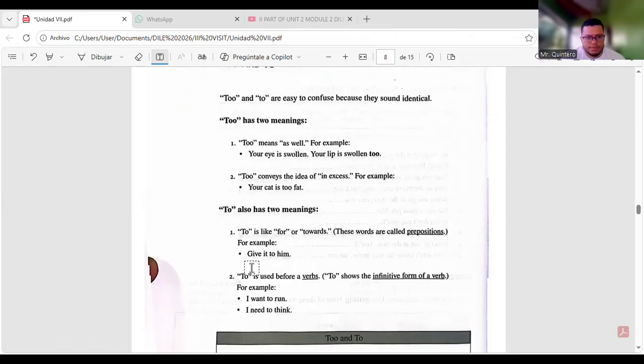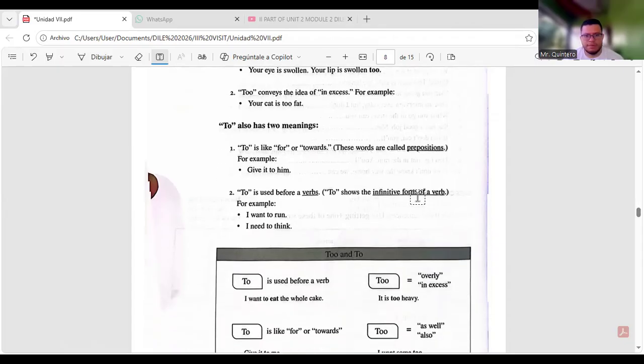Dale esto a él. To is used before a verb to show the infinitive form of a verb. Es la forma infinitiva de un verbo. For example, I want to run. Yo quiero correr. I need to think. Necesito pensar. Entonces, siempre un verbo infinitivo va a ir después del to. Y los gerundios son los que terminan en ing y a eso no le agregamos el to.